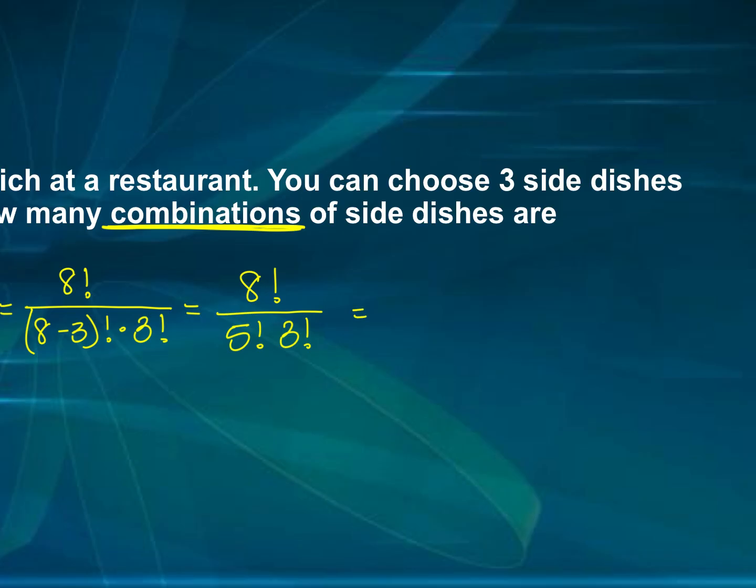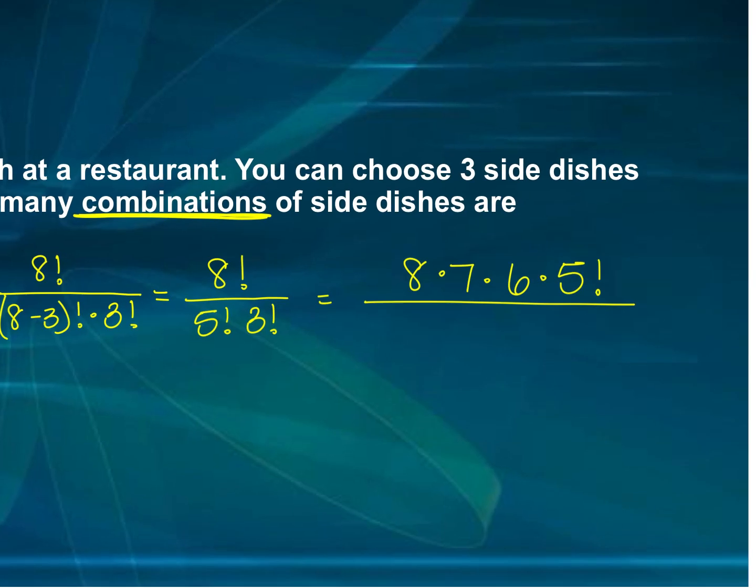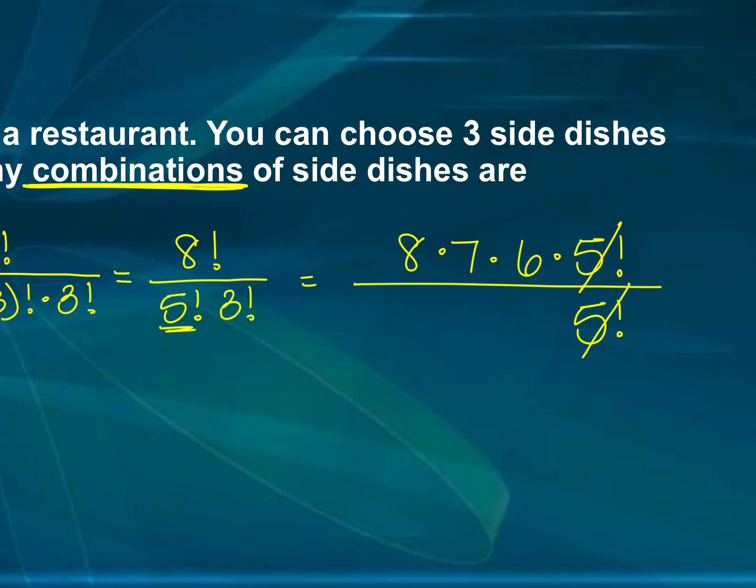So looking at this, I'm going to have 8, 7, 6, 5. Pay attention to why I'm stopping at 5, because if I have 5 for the next one, everything after that is going to cancel out. However, I still have the 3 to account for, so I'm going to write 3 times 2 times 1. That is not canceling out. I'm not simplifying that yet. Now looking at it, I can simplify.